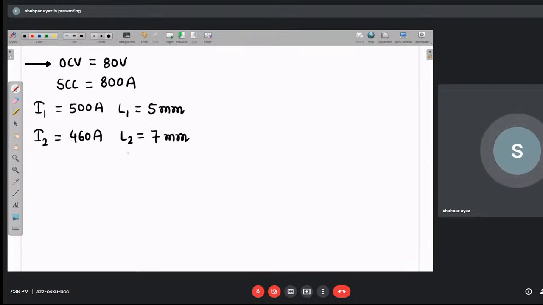Now guys, what we can do, we can use the formula V is equal to OCV minus OCV by SCC into I. Suppose V is required.